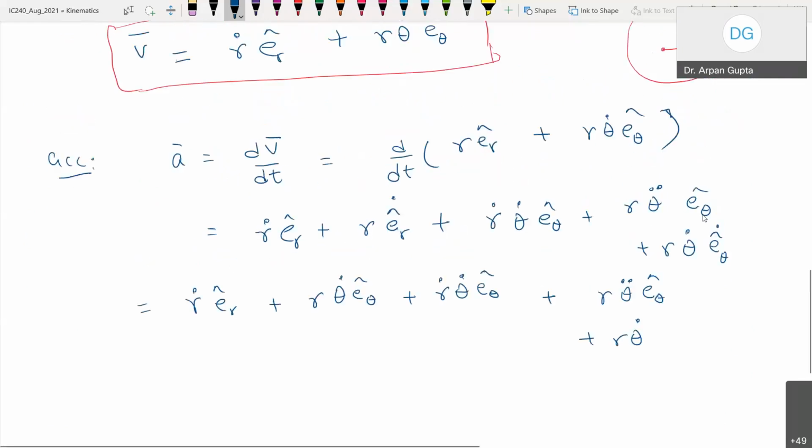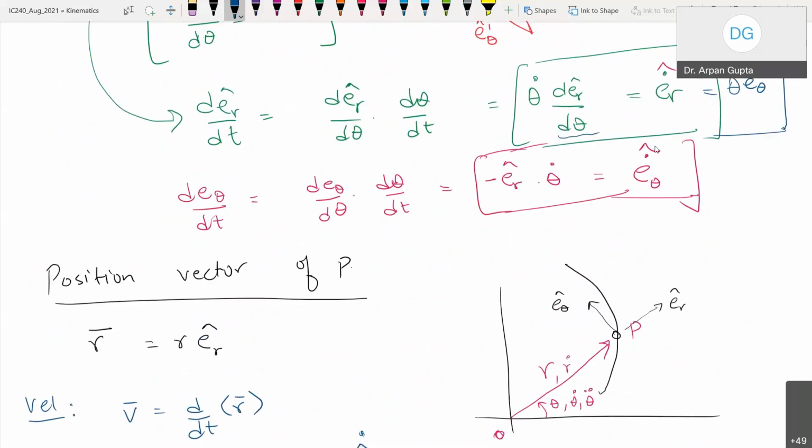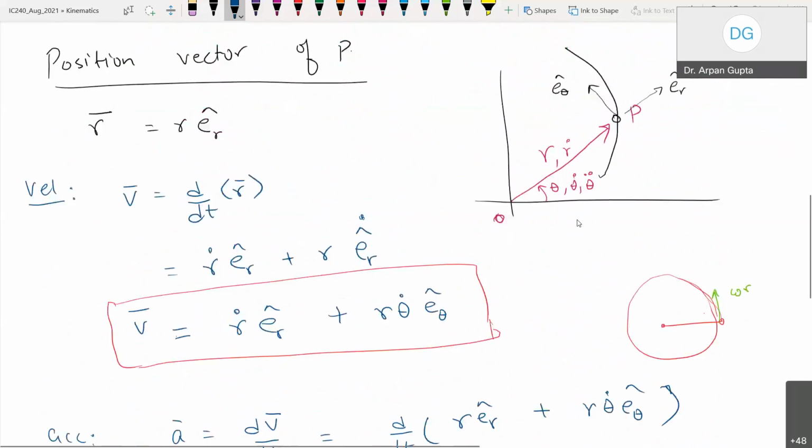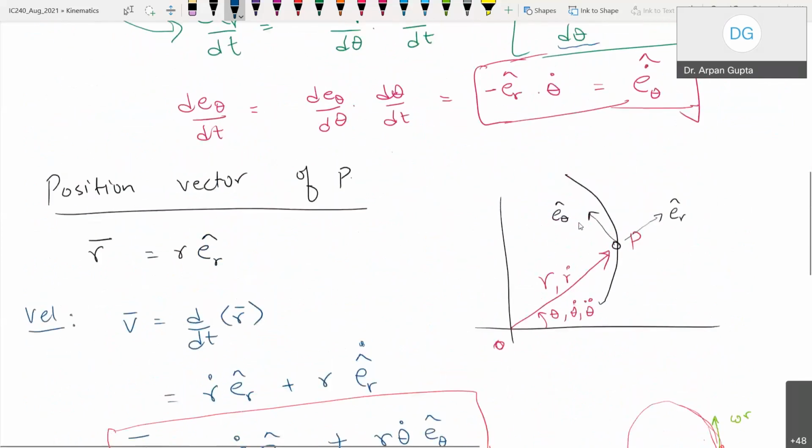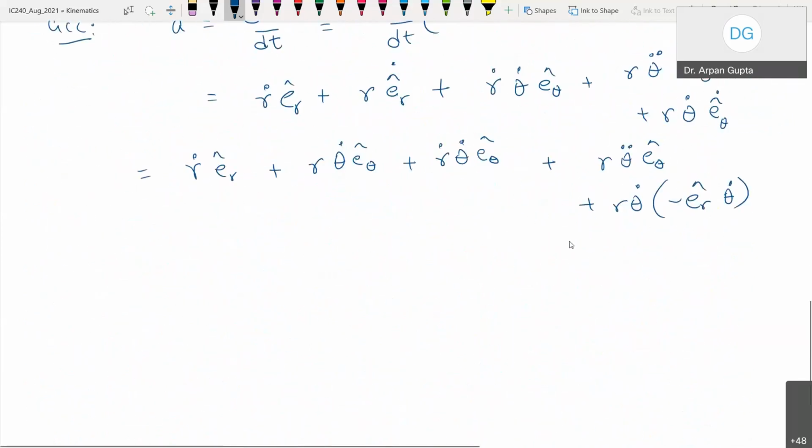E theta cap dot, let's again see, is minus e r cap theta dot. It's fine. Okay, so now we have written the whole expression for acceleration.